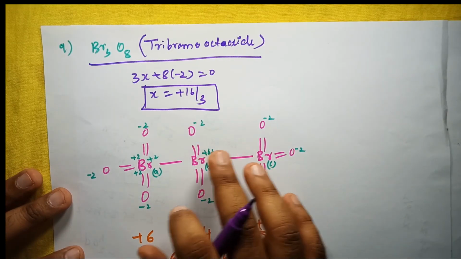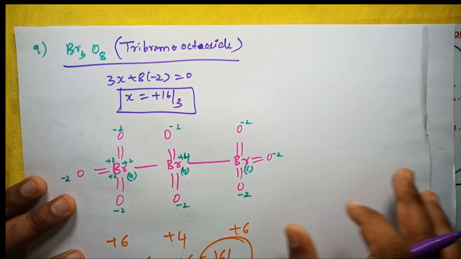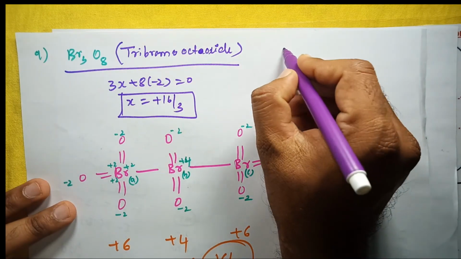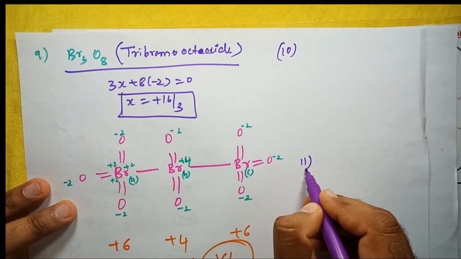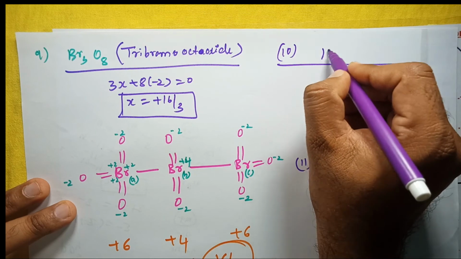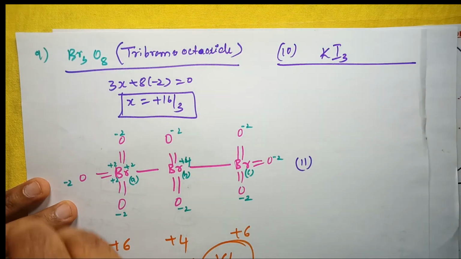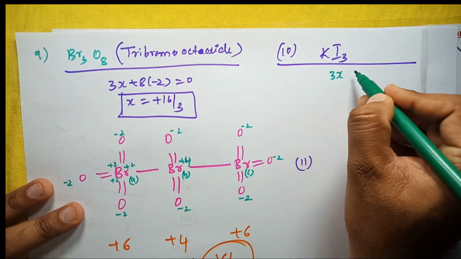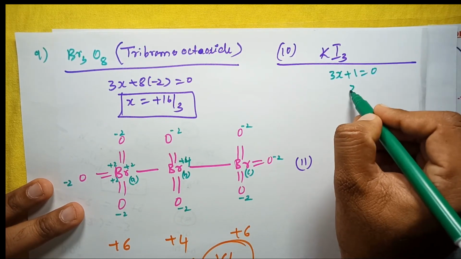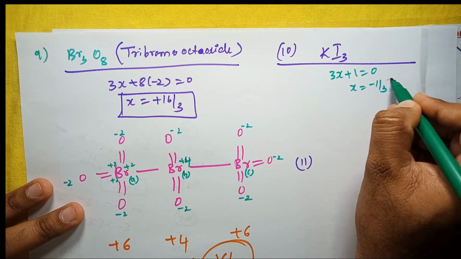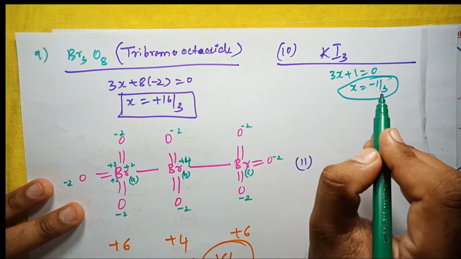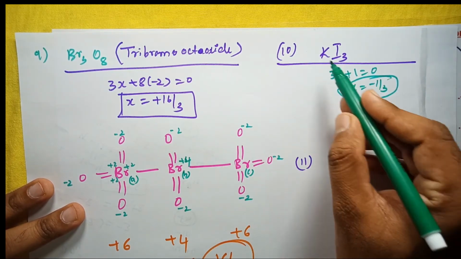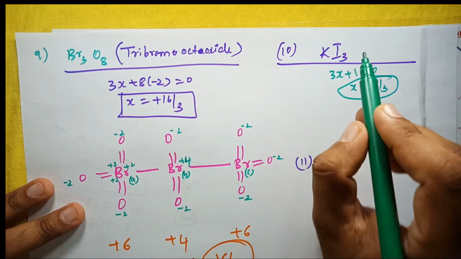So students, the video is getting very lengthy, so I will stop the video after solving 2 more questions only, the 10th one and the 11th one. Look here friends, for the 10th one it is very important, KI3. What is the oxidation state of iodine here? Just the same way, 3x plus 1 equals 0, x is equal to minus 1 by 3. Look here friends, this is very important. So what is the oxidation state of each iodine here?